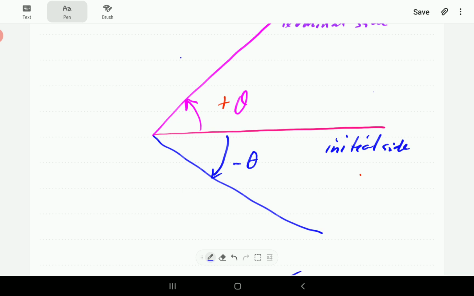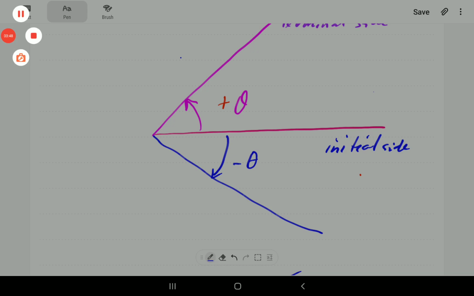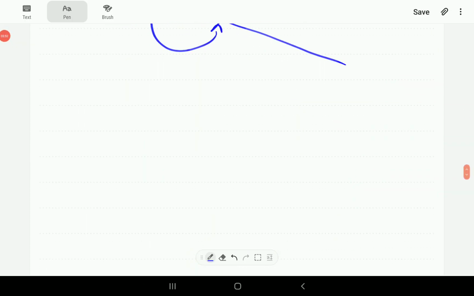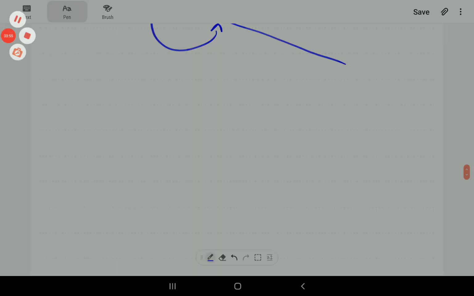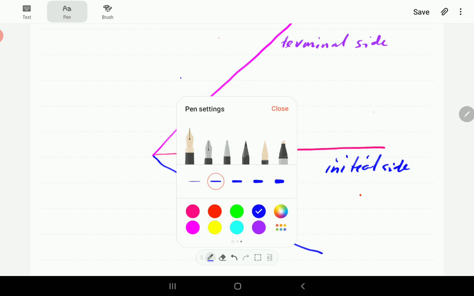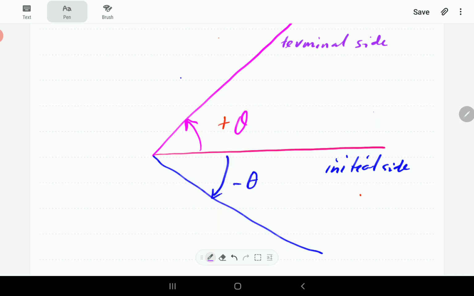Now, what we're going to be interested in next is what we call angles in standard position. Right, so before we talk about angles in standard position, we just need to mention that the point where the two lines meet, this one here, is called the vertex.